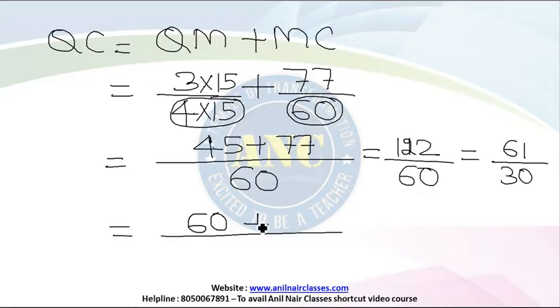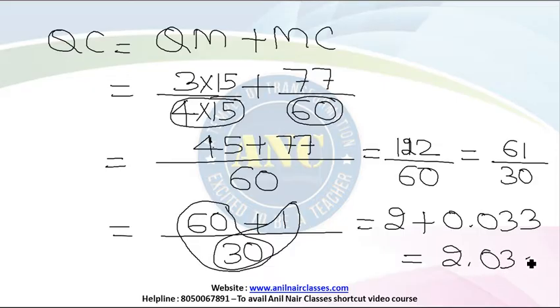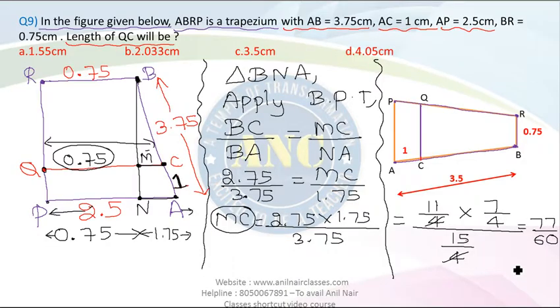Simple. 60 plus 1 divided by 30. 60 divided by 30 is 2 plus 1 by 3 is 0.33. 1 by 30 is 0.033. Final answer is 2.033, which is nothing but my option B.